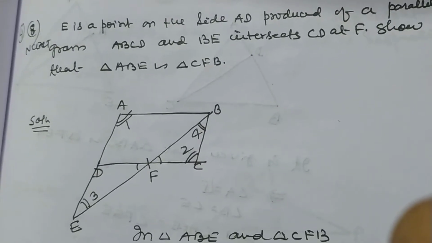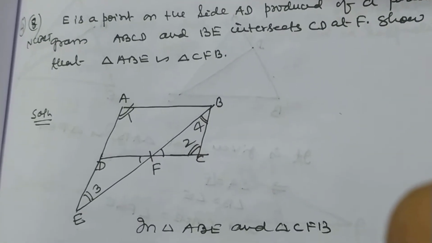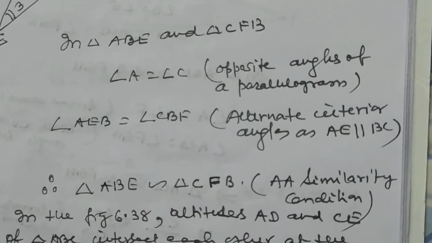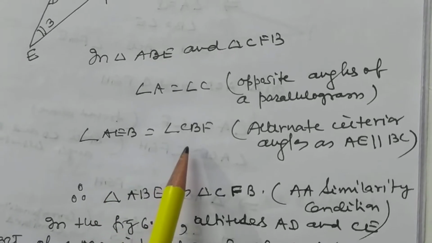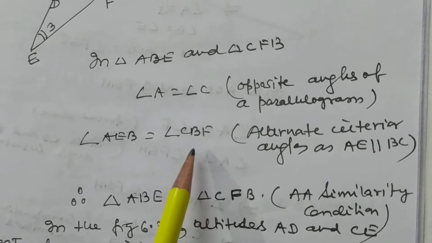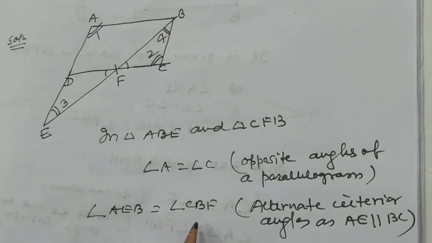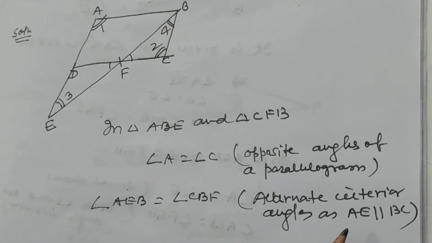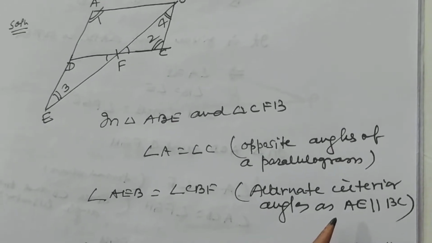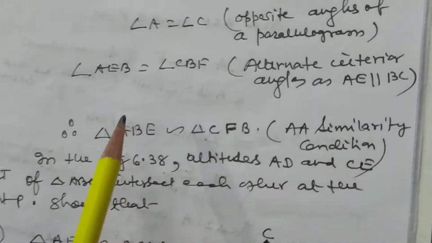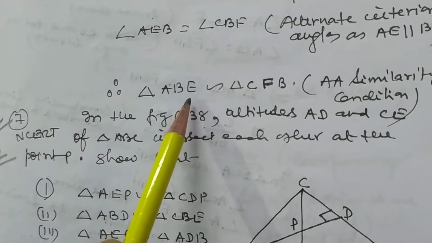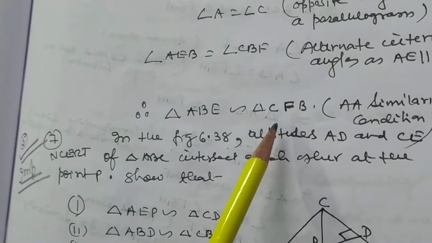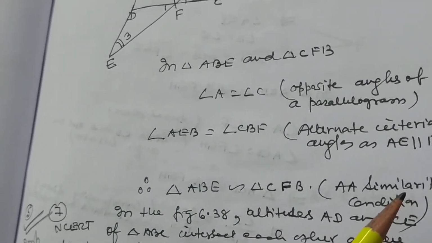In triangles ABE and CFB, angle A is equal to angle C, opposite angles of a parallelogram, and angle AEB is equal to angle CBF, alternate interior angles, as AE is parallel to BC. This shows that triangle ABE is similar to triangle CFB by the similarity condition.